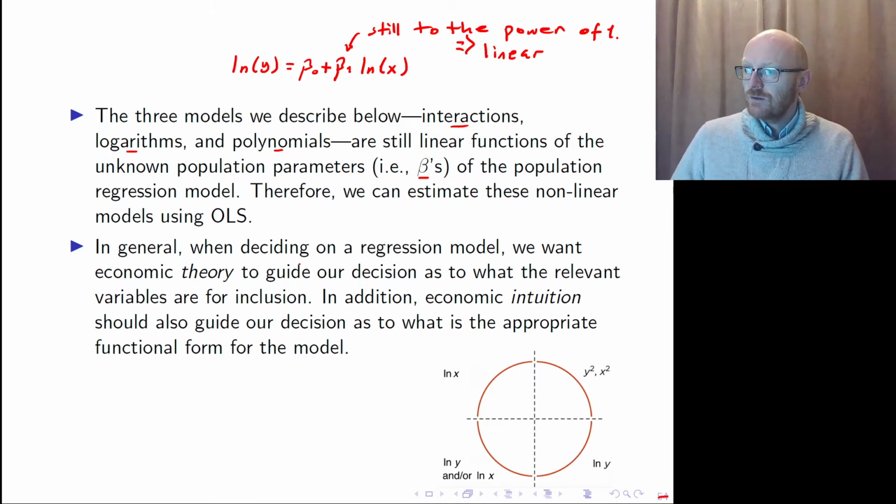And in general, when we want to look into which variables we want to include in our model, we should go to economic theory to decide what to include and what to exclude from our model.